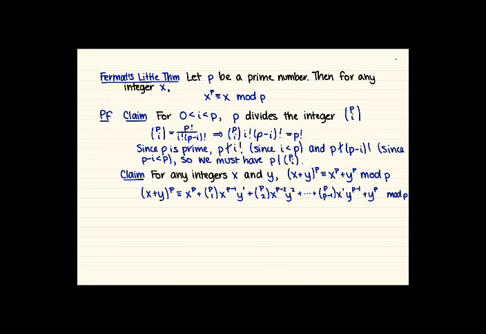We're looking mod p. Since p divides each of these p choose i for i between 0 and p, those middle terms will all be congruent to 0 mod p. So plus 0 plus 0.